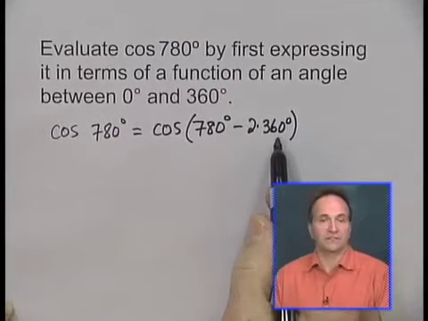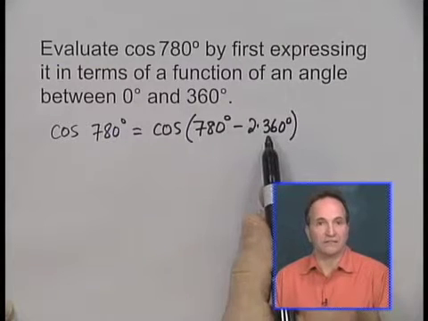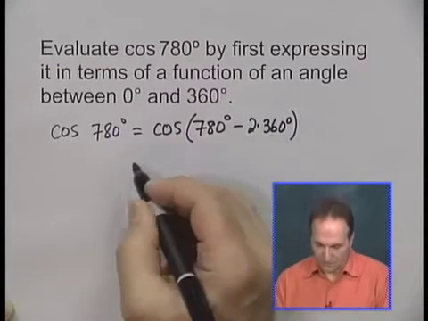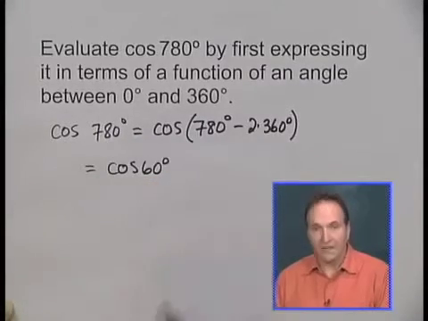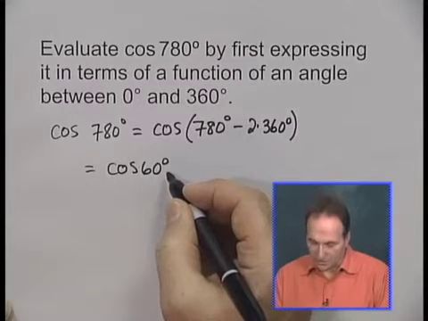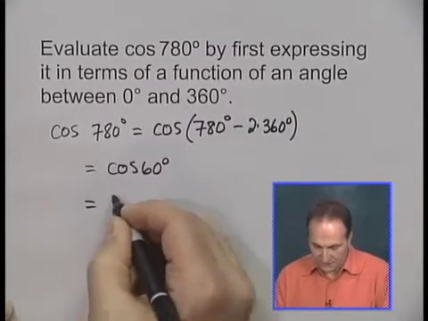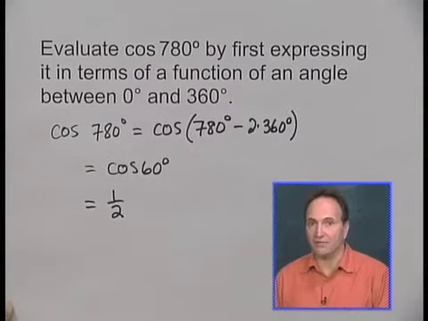Well, 2 times 360 degrees is 720. 780 minus 720 is equal to the cosine of 60 degrees. And then we know from those angles that we've memorized that the cosine of 60 degrees is equal to 1/2. And that means that the cosine of 780 degrees also is equal to 1/2.